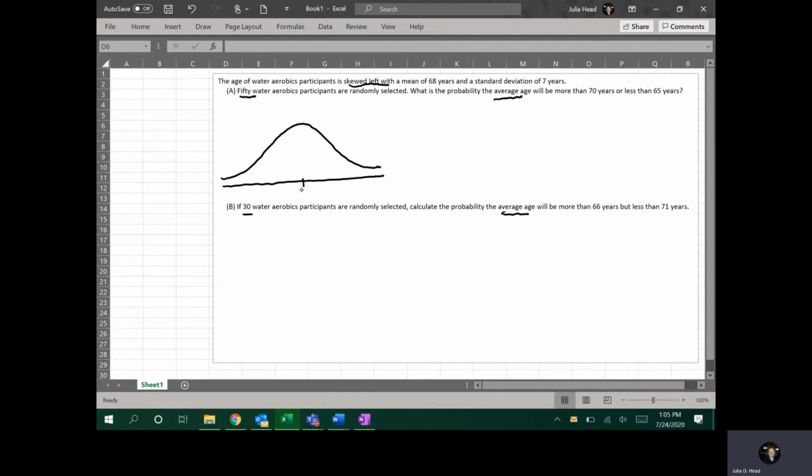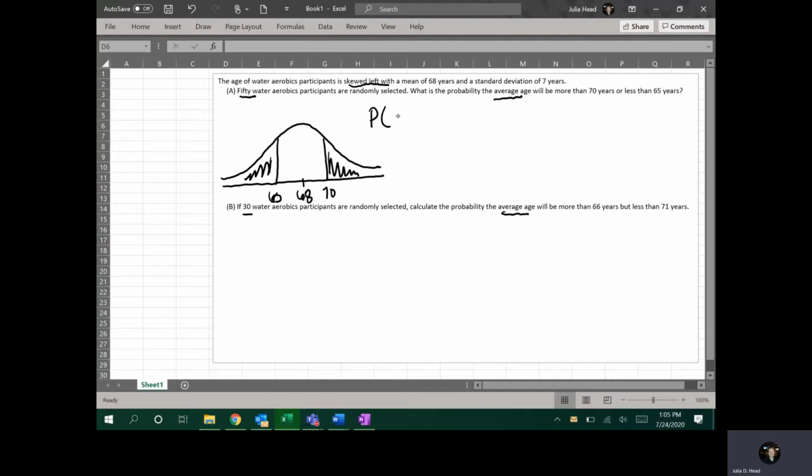With a mean of 68, in part A, the probability of the average age will be more than 70 or less than 65. So more than 70 or less than 65.